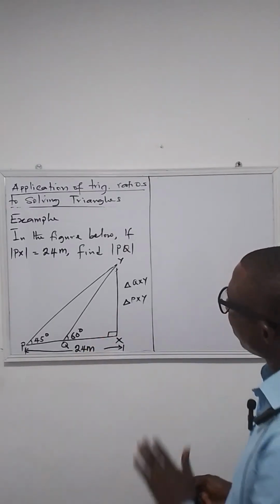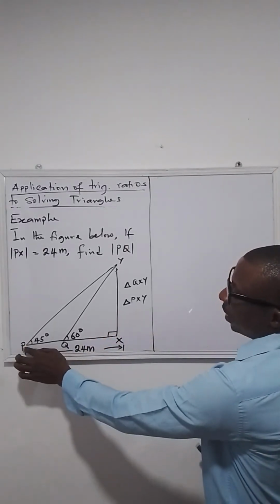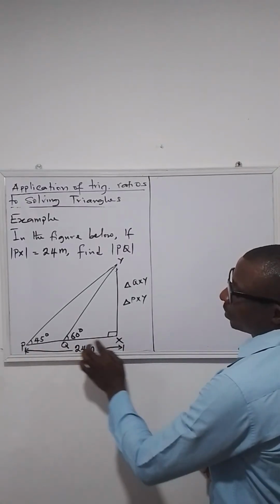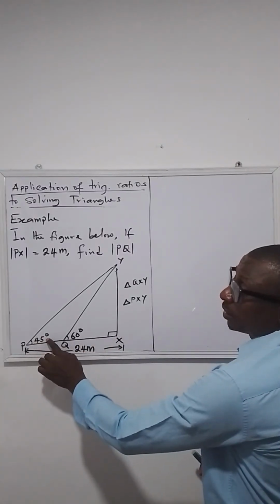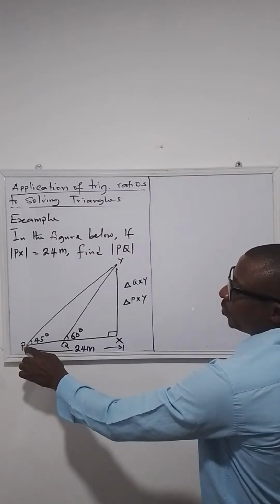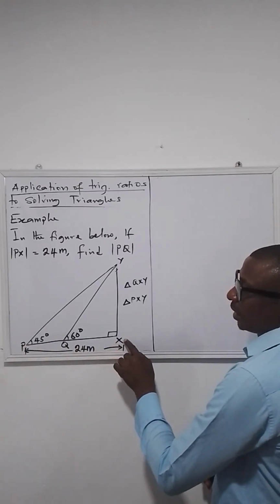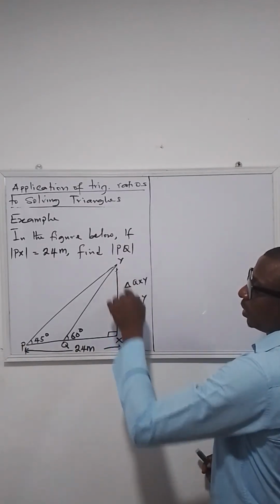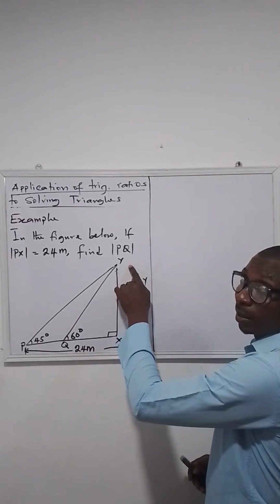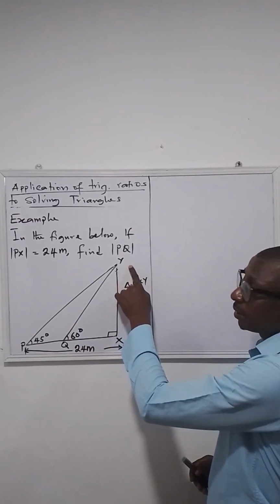Now, let me join that with this. This is the adjacent, because this is the reference angle of that triangle. So PX is the adjacent, while the opposite is XY. Hope you understand that.